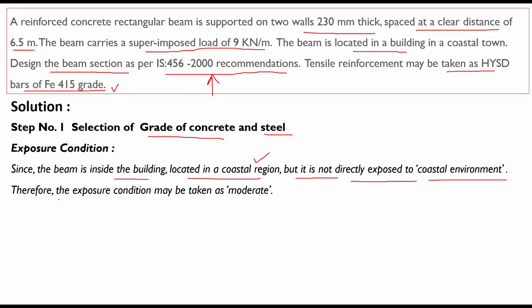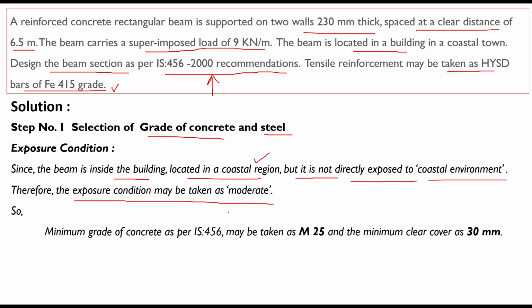So we can tally the information available in the code, and the various sections we have already discussed in the previous lecture. Based on this information, we can say that the exposure condition may be taken as a moderate type of exposure condition.